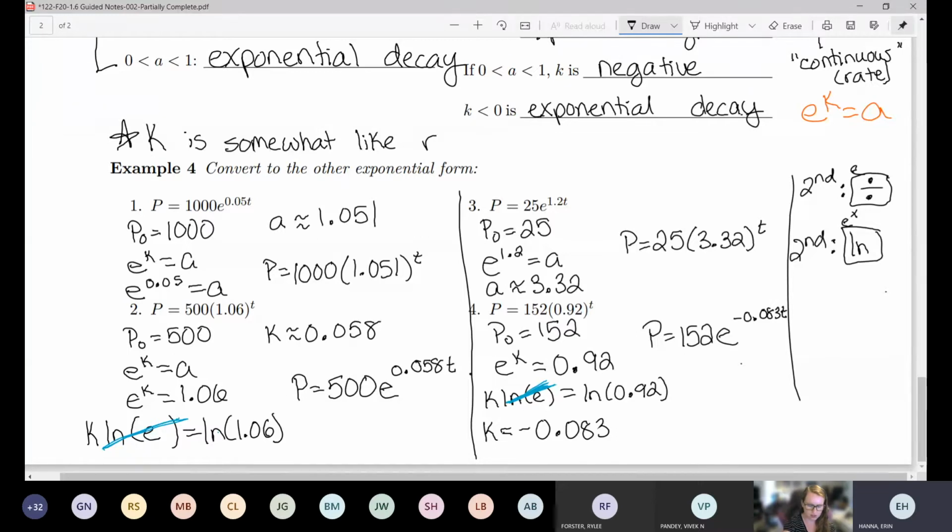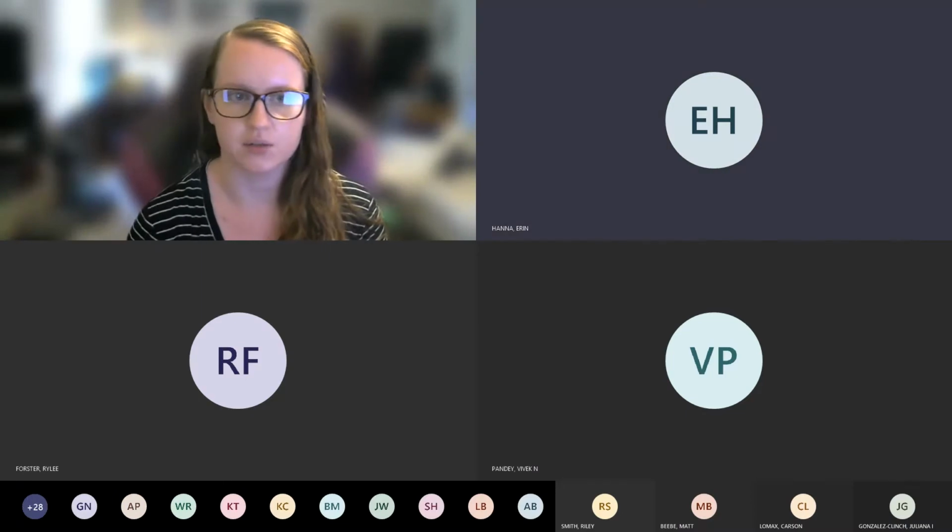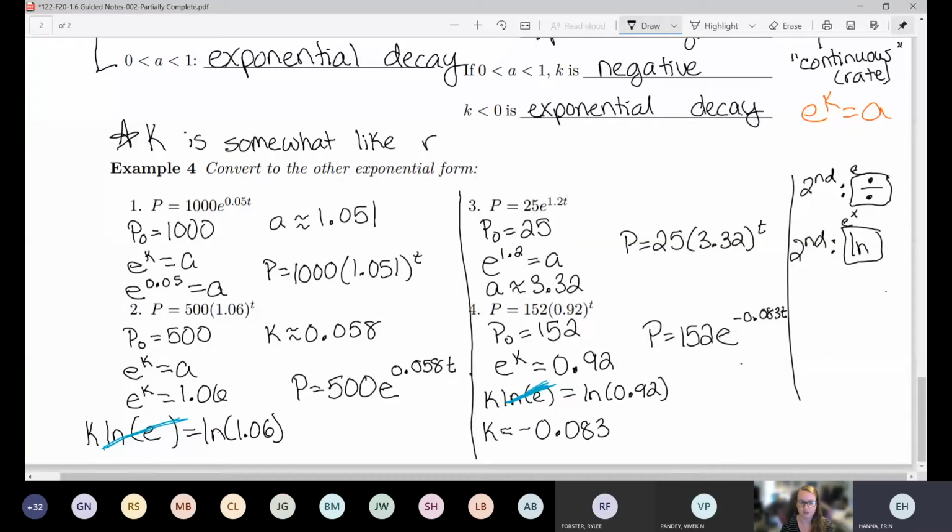Can't see the screen. Well, I'm about to change to 1.7, but let's just make sure we can see it in general first. Can you see now? Okay. All right, so we've got this new form, e to the kt, that we're going to start using in 1.7.